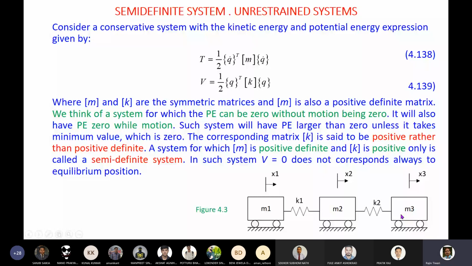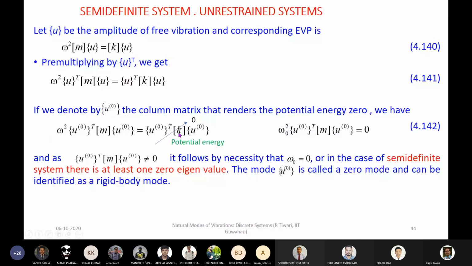So for such a system, this is the eigenvalue problem which we have been talking about. Sometimes we use lambda, or sometimes omega square; they are one and the same. If we pre-multiply this by U transpose, we will get this, because omega square is constant and we can keep it at the front.